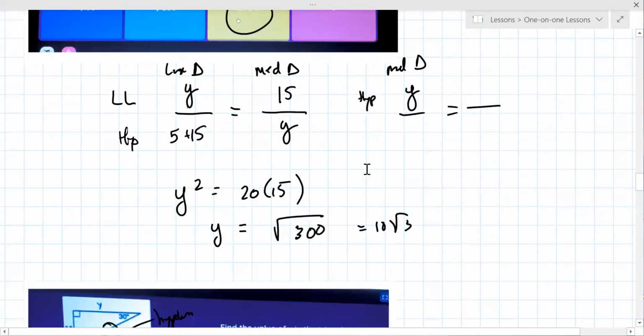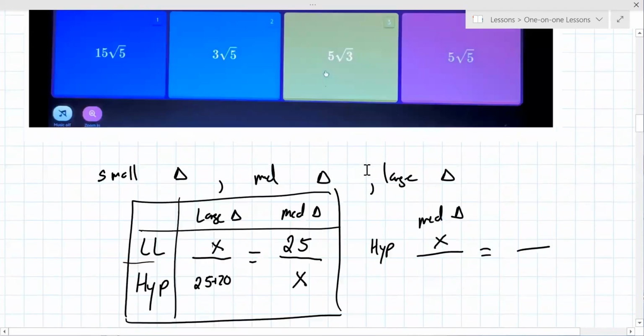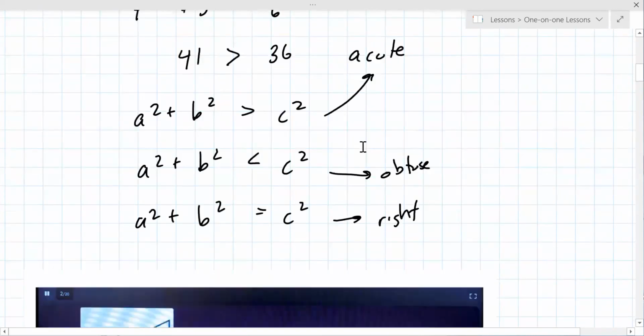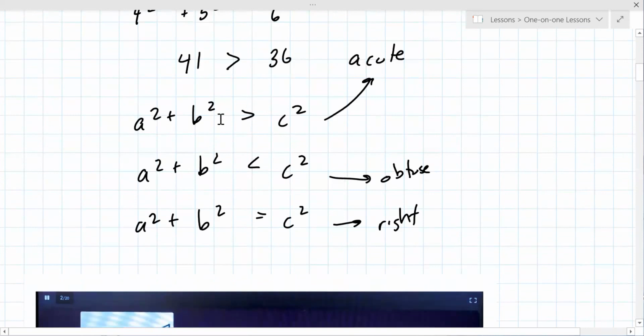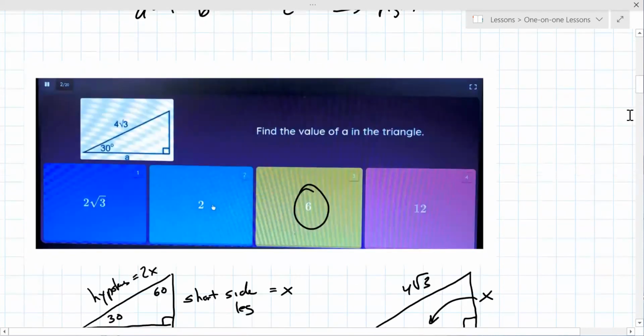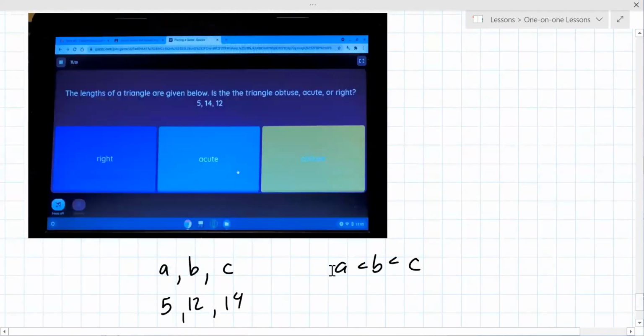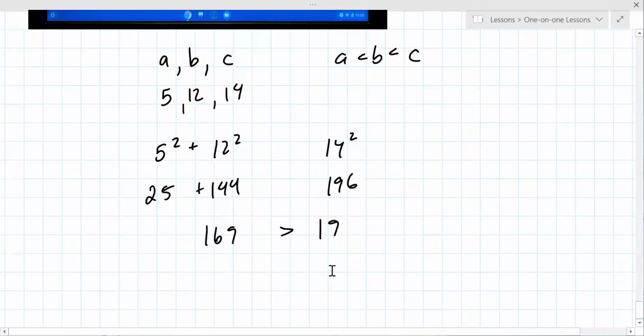I've got to go find our reference here, way up at the beginning. Okay, so it was less than, so it's obtuse. I wrote the wrong symbol. So this is obtuse.